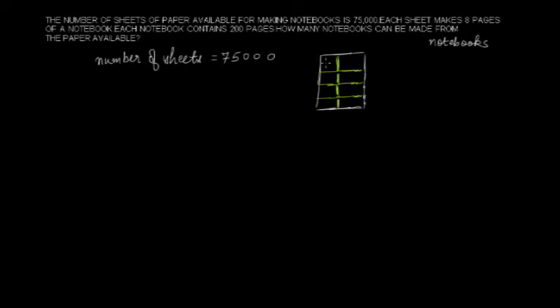Suppose this is page 1, this is page 2, page 3, page 4, page 5, page 6, page 7 and page 8. So from one sheet you will make 8 pages. You can divide one sheet into 8 pages and then you will use them to make notebooks.